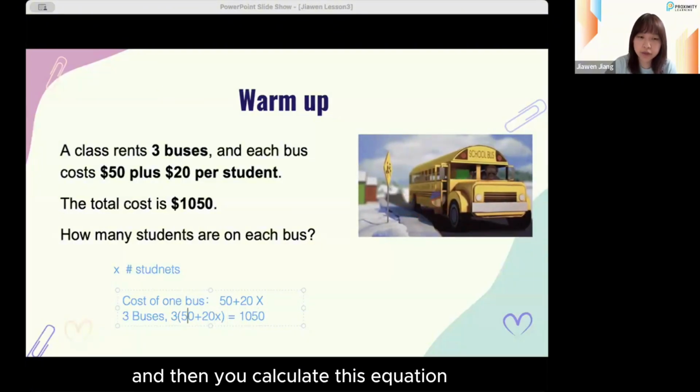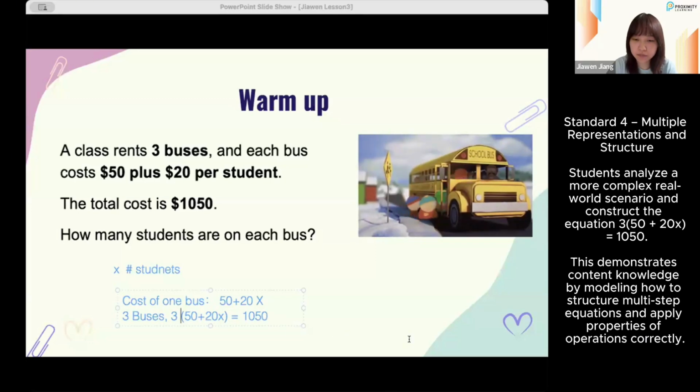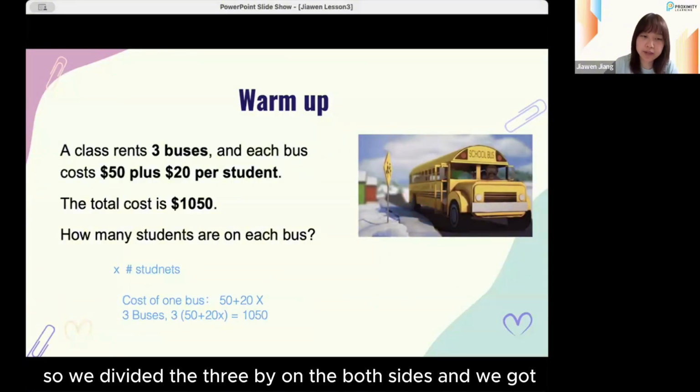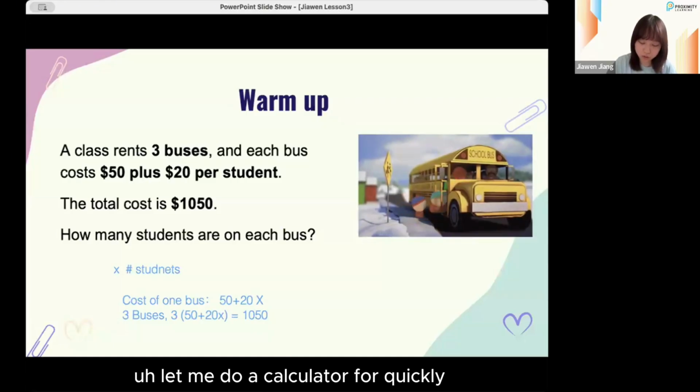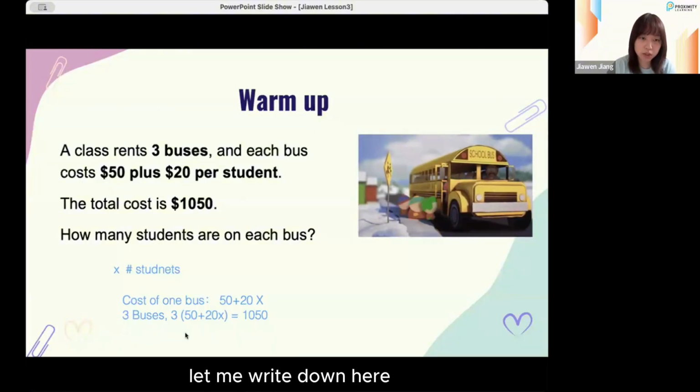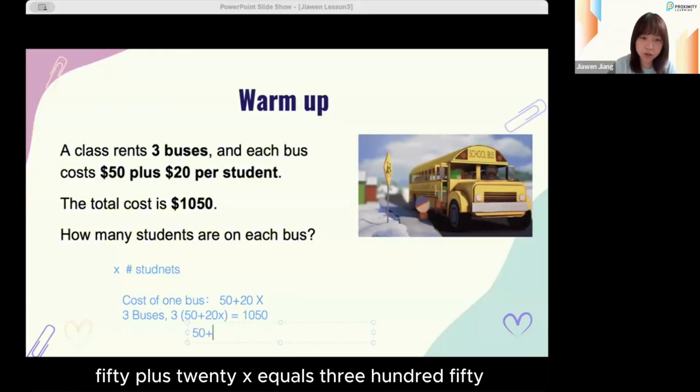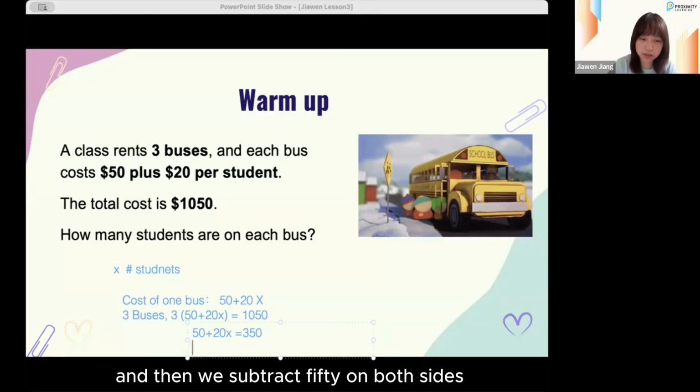And then you calculate this equation. We divide both sides by 3, and let me use a calculator quickly. 1050 divided by 3, so we got 50 plus 20x equals 350, and then we subtract 50 on both sides.